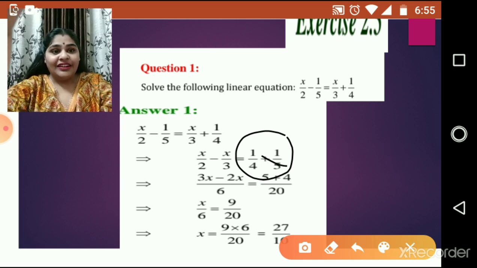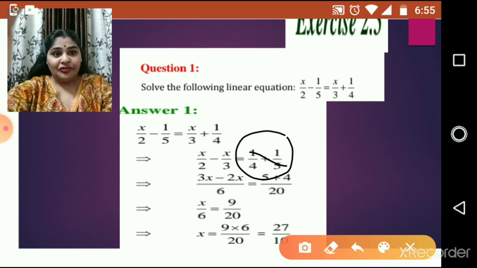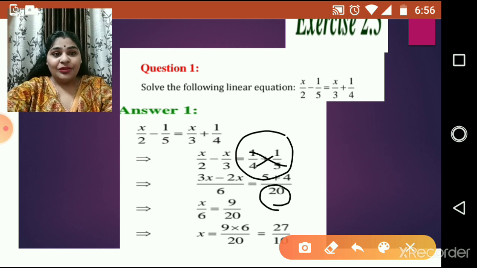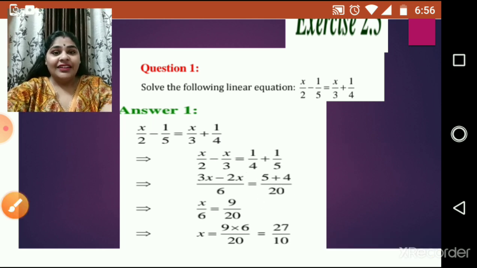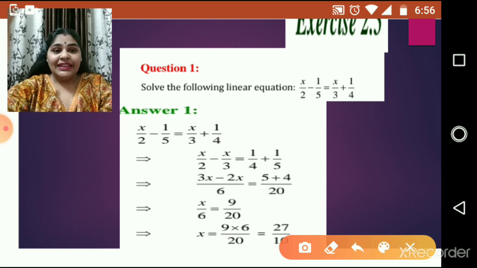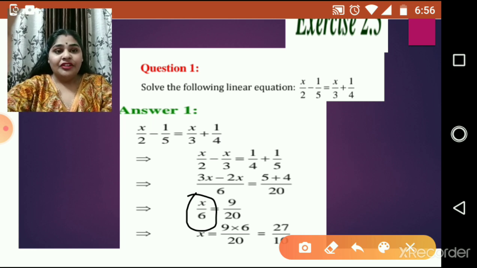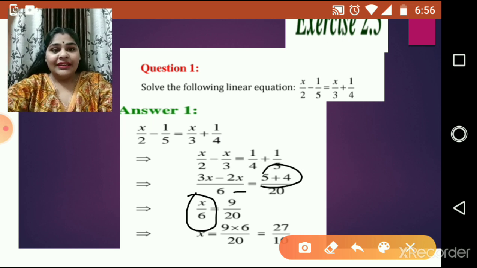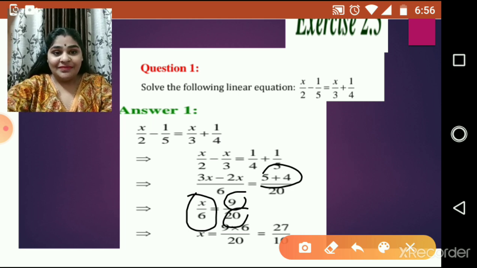So 5 into 1 will be 5, 4 into 1 will be 4, 5 plus 4 will be 9, whole divided by 4 into 5 which is 20. I hope you understood this. So here it will be 3x minus 2x is x, divided by 6, is equal to 5 plus 4 is 9, divided by 20 as it is.